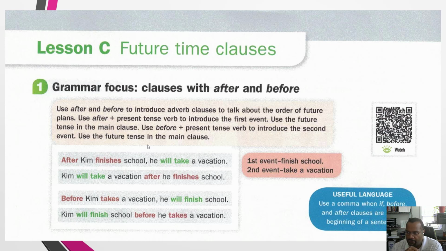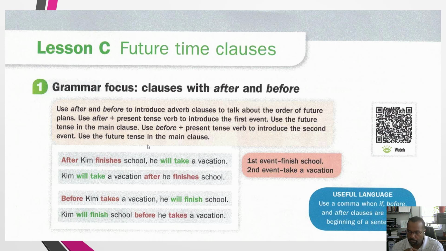First event, finish school. Second event, take a vacation. Let's use the same sentence using before. Before Kim takes a vacation, comma, he will finish school. Or we can rewrite that: Kim will finish school before he takes a vacation.